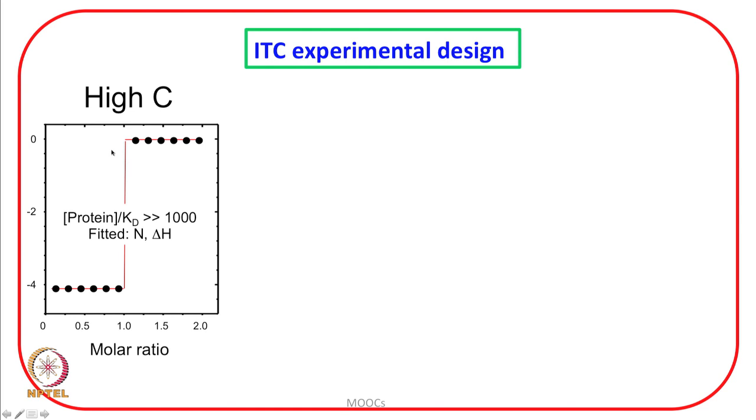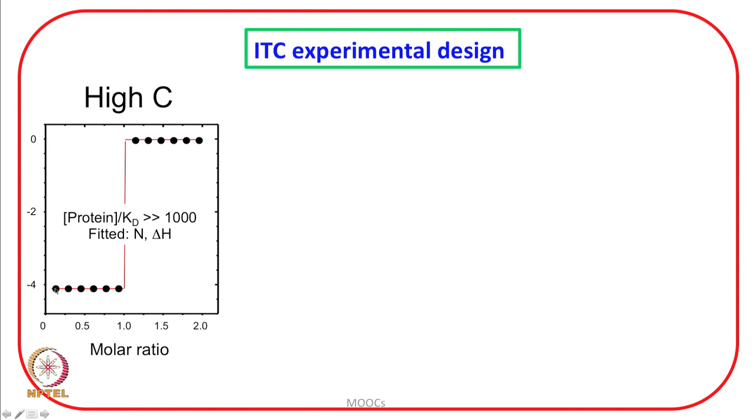That means all the information occurring in this range, where the binding is actually taking place or saturating the binding sites, is lost. Therefore, this kind of experiment is no good to extract the value of binding constant.